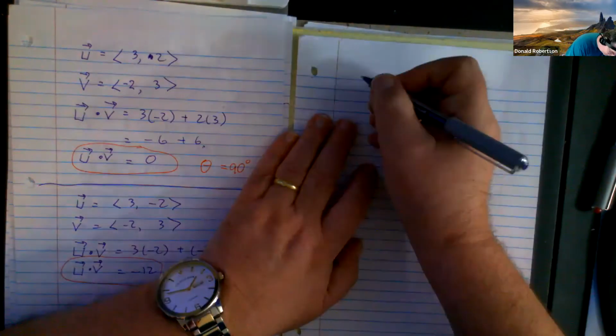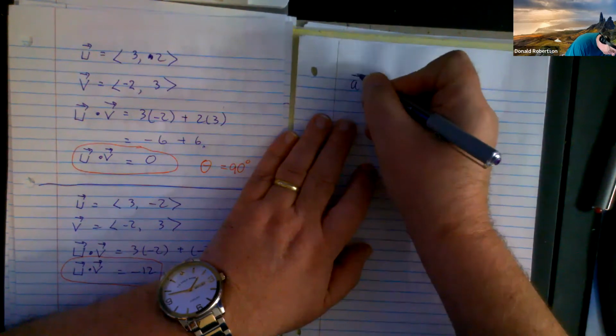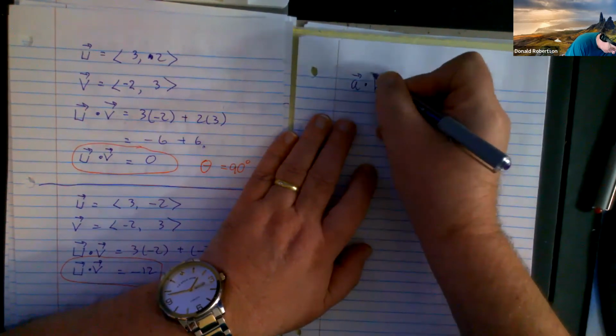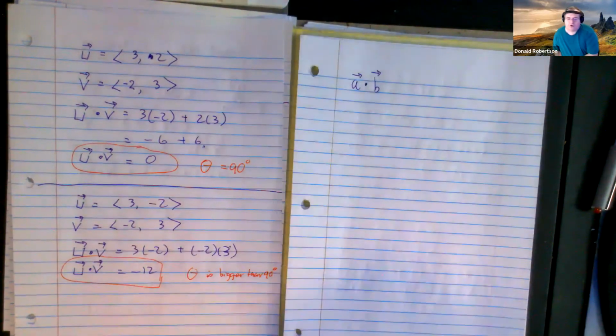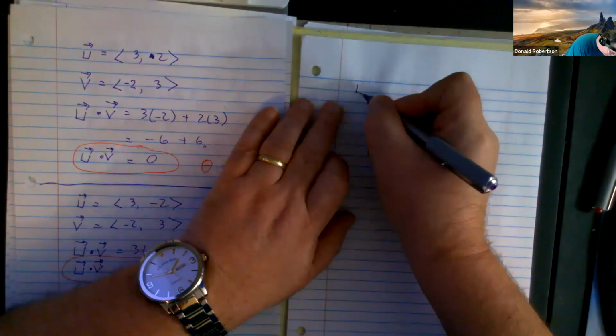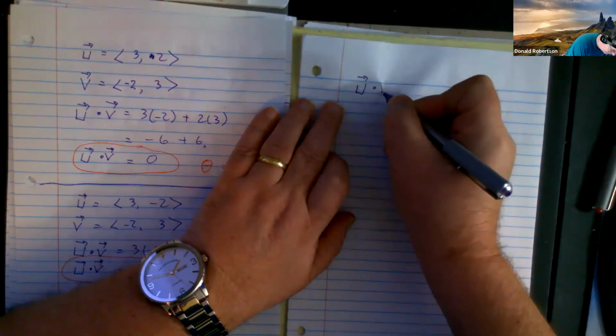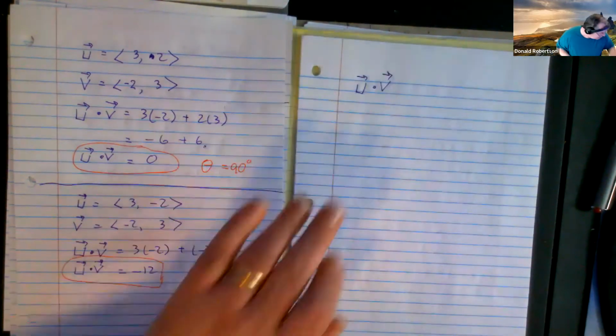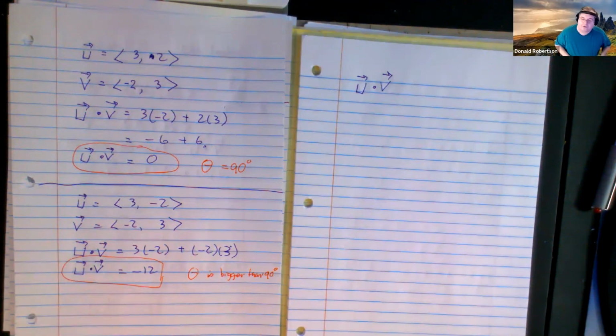There is a second calculation that you can use. I'll call them U and V. Let me stick to my system. There is a second calculation for dot products.